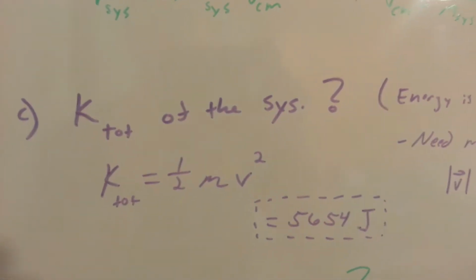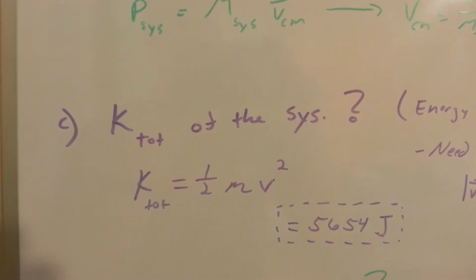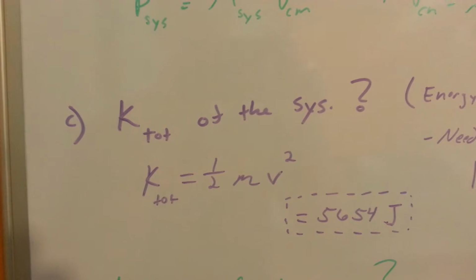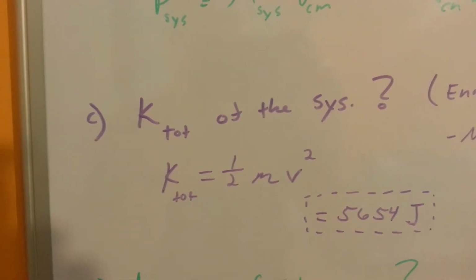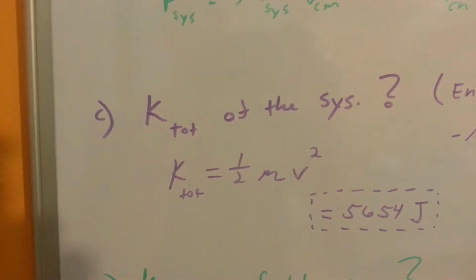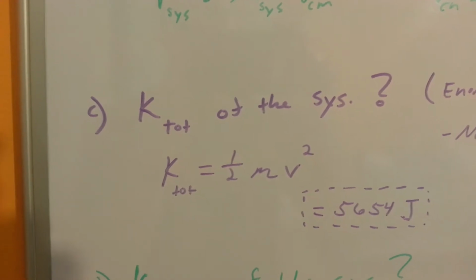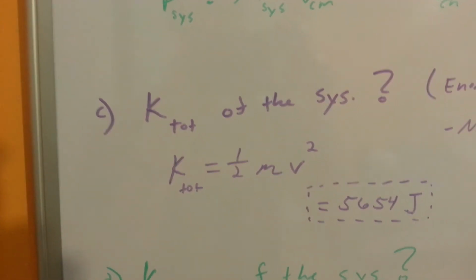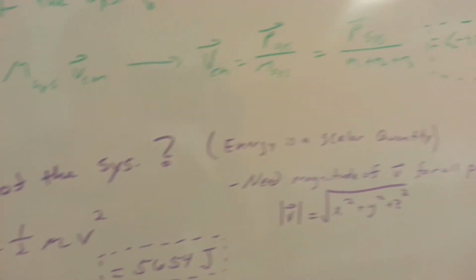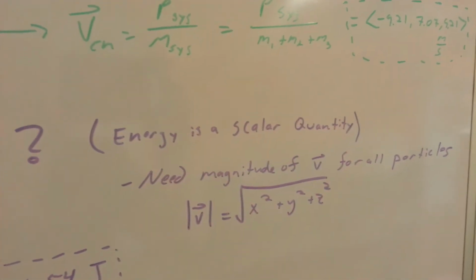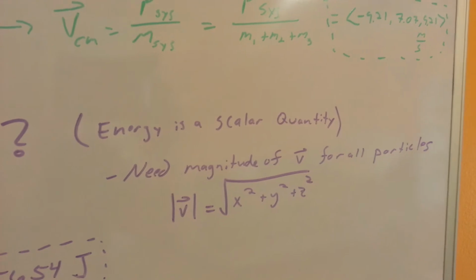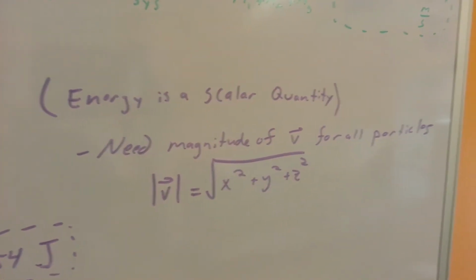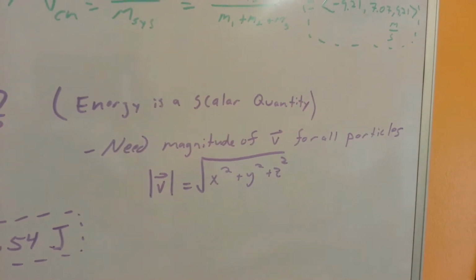What is the total kinetic energy of the system? Now remember from our knowledge of energy that kinetic energy, a basic definition, equals 1/2 mv squared. But you need to remember that energy is a scalar quantity. So you need to have the magnitudes of the velocities of the particles in order to solve this.